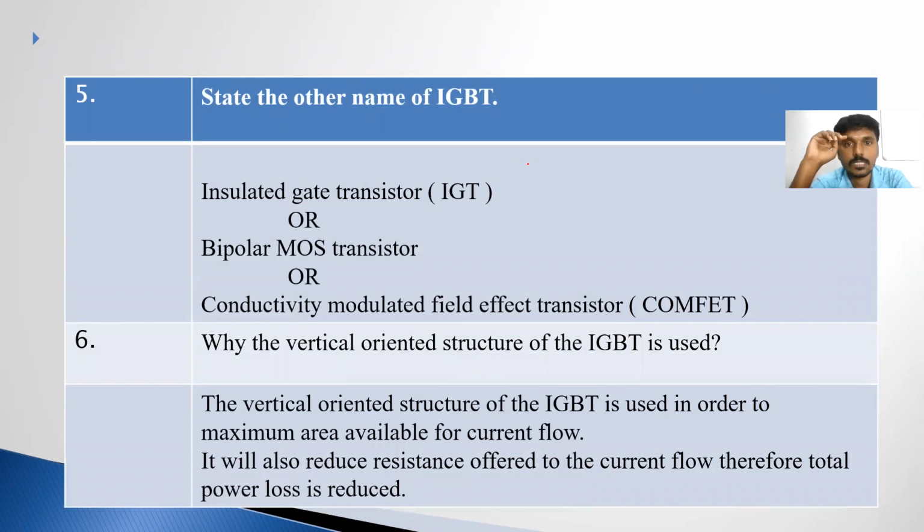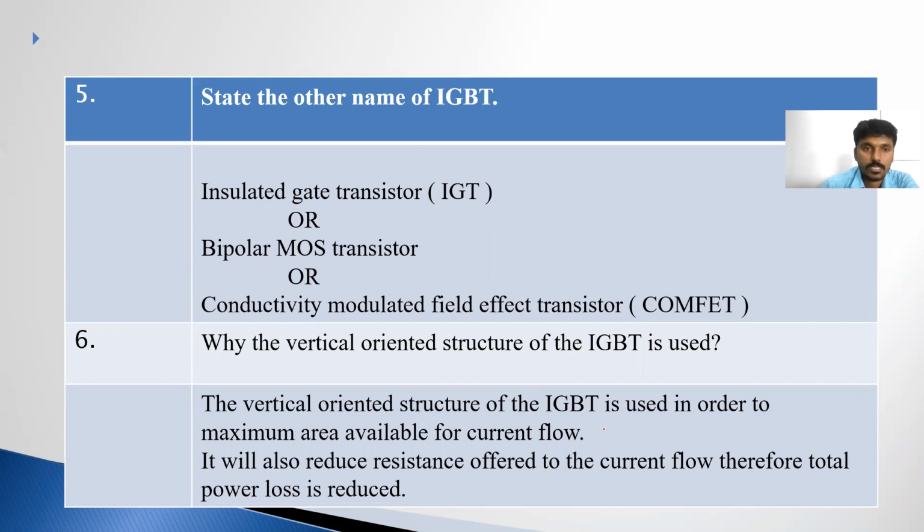So next, state the other name of the IGBT. Sometimes they can ask the question, what is the other name of the IGBT? What is the full form of the IGBT? Generally, insulated gate bipolar transistor, right? Yes, sir.